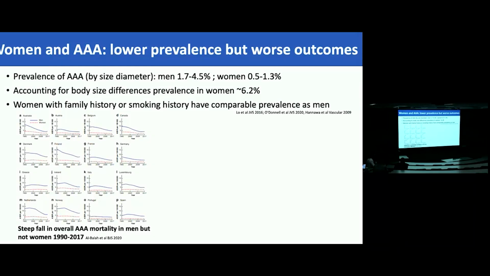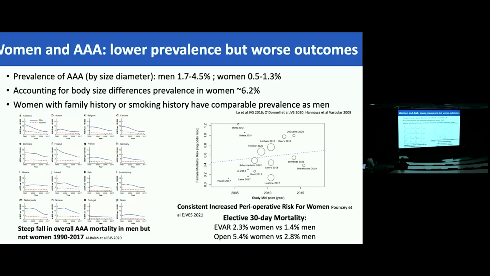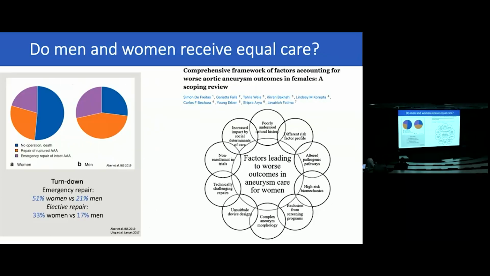While over time there has been a steep fall in overall aneurysm-related mortality in men, women's mortality has not improved in 2 decades. In fact, we consistently found that women who undergo endovascular or open aneurysm repair have worse outcomes than men. And why is that? There is lots of data out there.